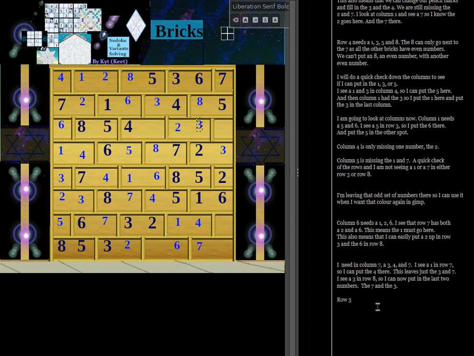Row 3 is missing the 1 and the 7. I see a 7 at the top of column 8, so I put the 1 in this column instead.